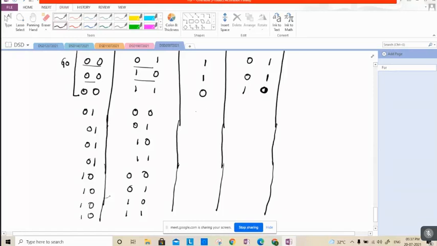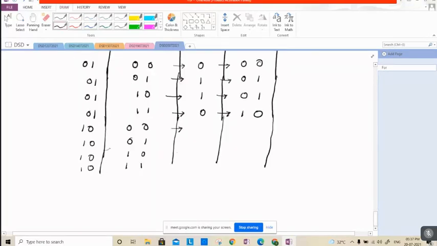Will someone tell me the values of this? Tell me the output for this. 0. State 0 0. For this, 1, state 0 1. Next for this, 0 1. What about this? 0. 1 1 0. Perfect.